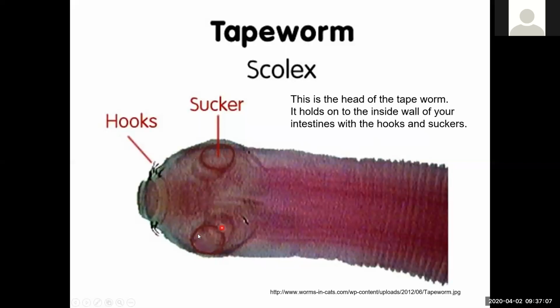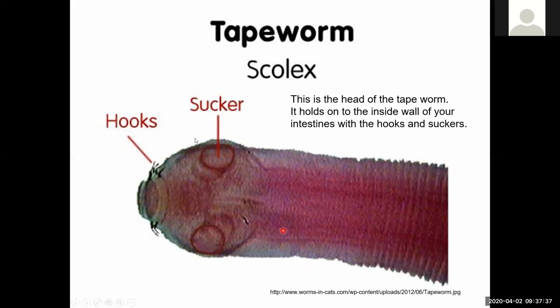You can see the other two on the other side that help hold it in the intestinal tract, and actually kind of grappling hooks with a sucker that will attach it to the intestinal wall. It will attach right in the upper part of the small intestine, the duodenum, and then allow its body to trail behind it. And you can see the segmentation starting that get into a much larger segment as they develop.